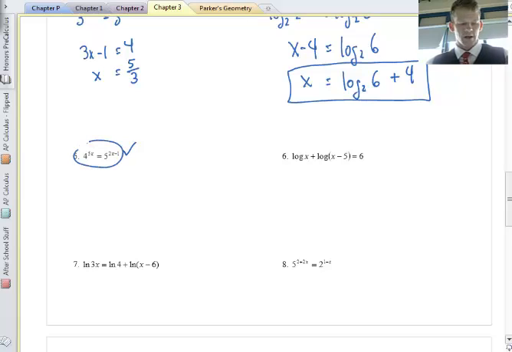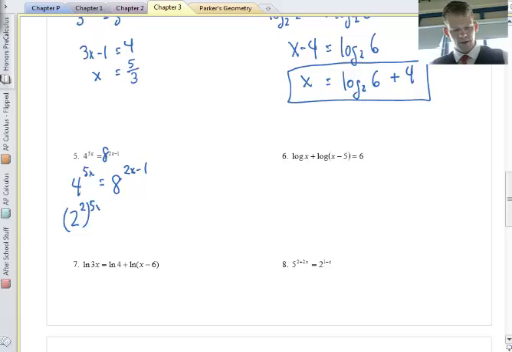So on this one, I wouldn't necessarily give you that problem. What you would end up having to do, I would change this problem so that this was maybe 8, and then you would have 4 to the 5x equals 8 to the 2x minus 1, and then you would write this as 2 squared to the 5x equals 2 cubed to the 2x minus 1.